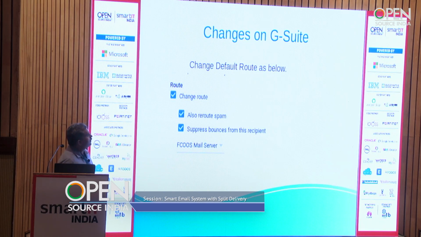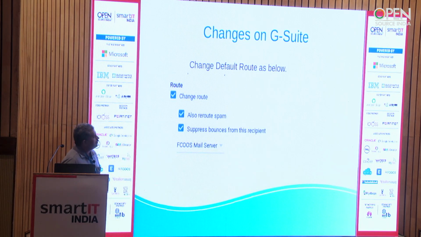This is the typical routing option available in the G Suite admin panel. By default G Suite will deliver mail locally. Instead of the default delivery method, you are going to change it to route to the particular mail server. In our case it is the Linux mail server.